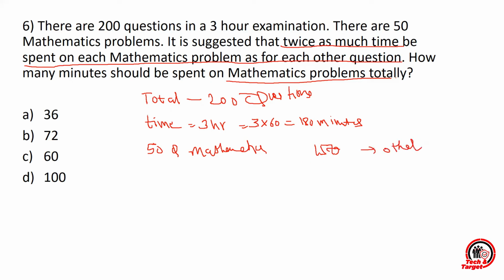Now they say that whatever time you spend on the 150 questions, you have to spend twice that on the mathematics ones. That means if you spend 1 minute on each of the 150 questions, you have to spend 2 minutes on each mathematics question.